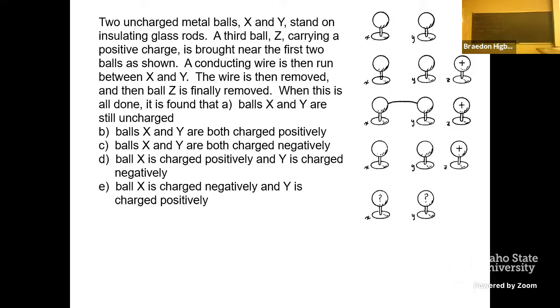And then a conducting wire, a piece of metal, connects X and Y. It's then removed, and then ball Z is removed.